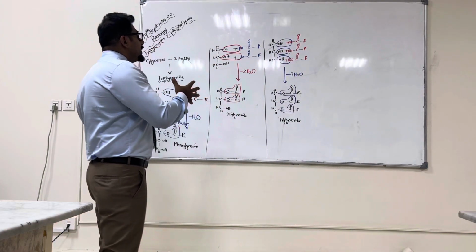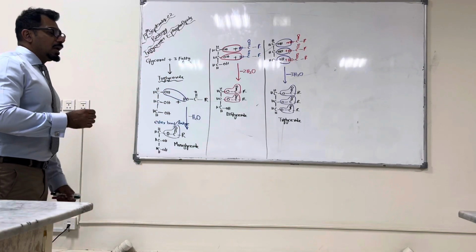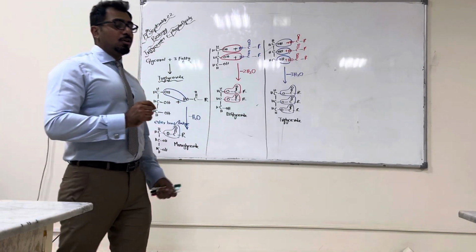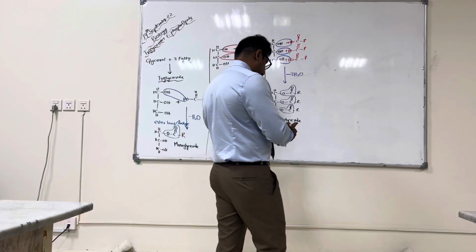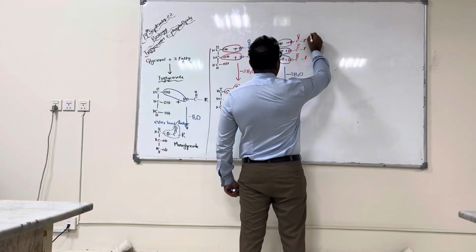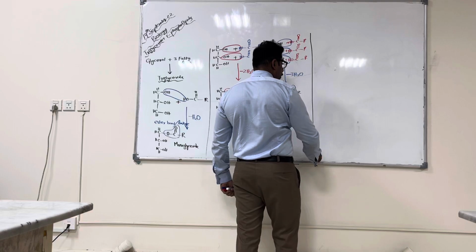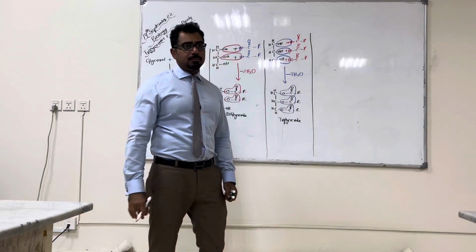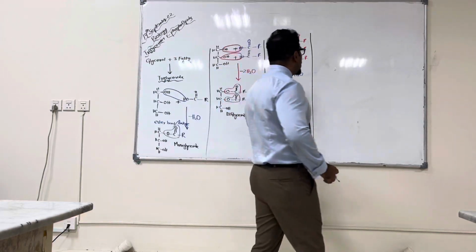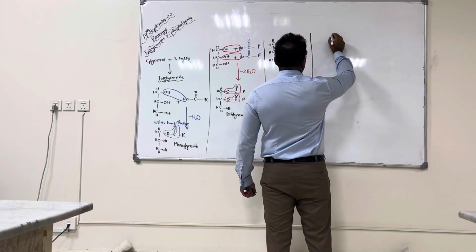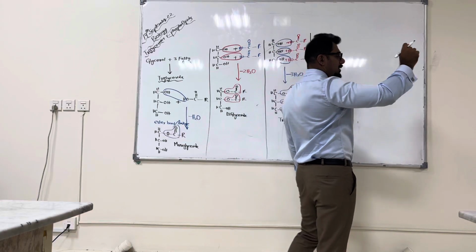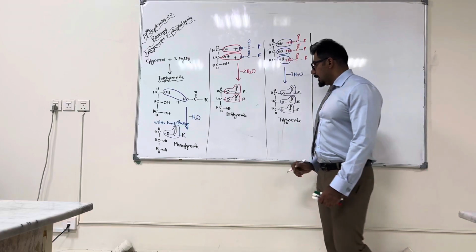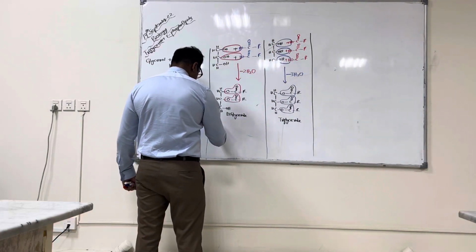So this is the triglyceride. Now we are going to talk about phospholipids. Phospholipids are not difficult to understand. Before we start studying the phospholipid, let me use this space.